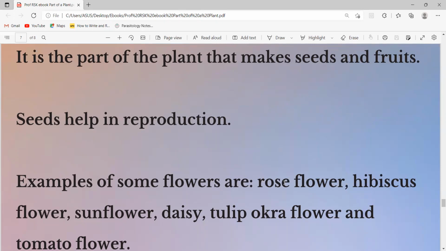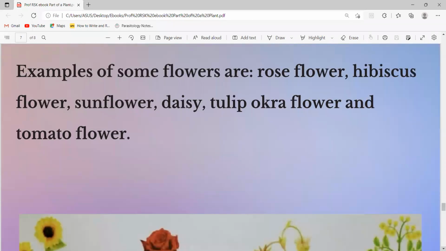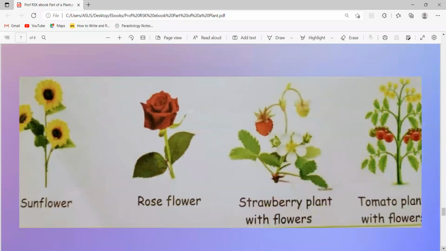All right. So they are the examples of flowers that we have. You can see they are very beautiful. And so I want you to take note of that. Okay, so ladies and gentlemen, these are some examples of flowers.